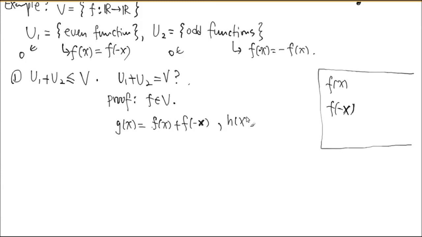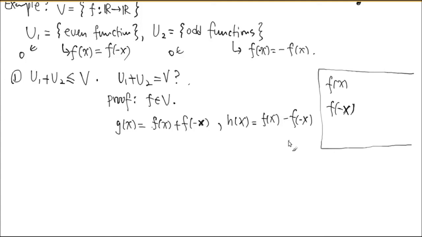What can we do about an odd function? Can we play with these two to come up with an odd function? Yeah, if you subtract, write that down and see if that works. That's h of x. h of negative x will be f of negative x minus f of x, right?